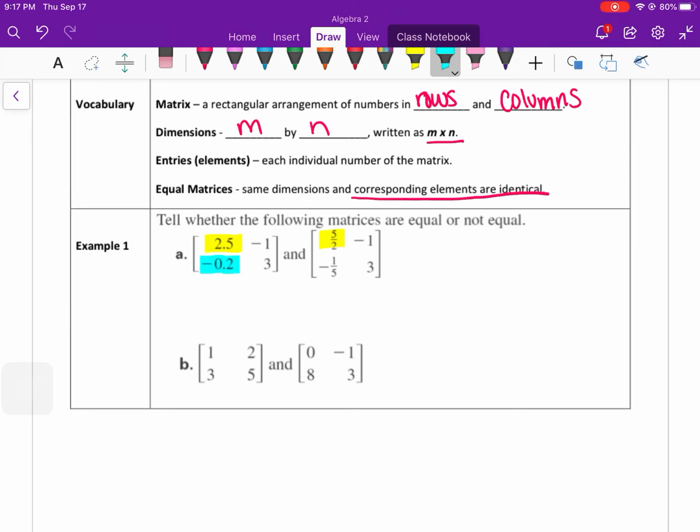Negative 0.2 or negative 2/10 is the same thing as negative 1/5, same row, same column. First row, second column is both -1, and then second row, second column both have a 3. And so these matrices are equal.